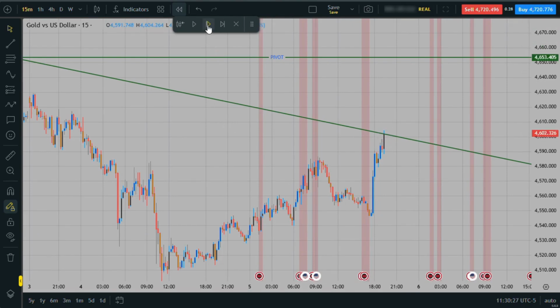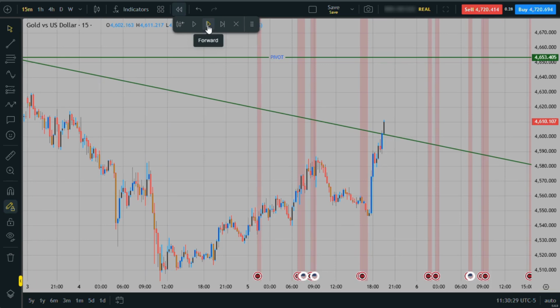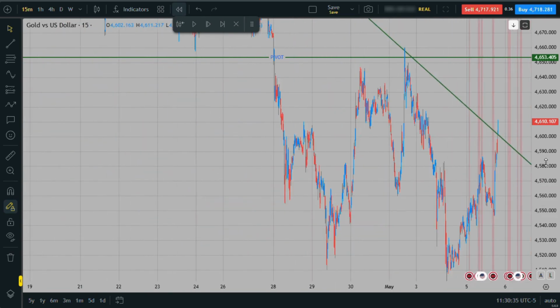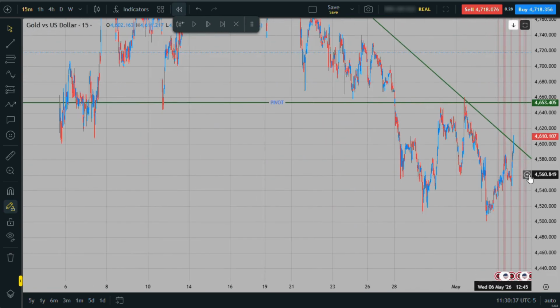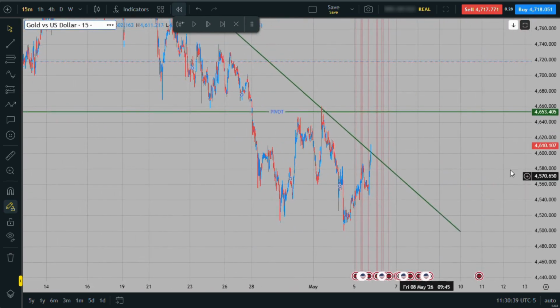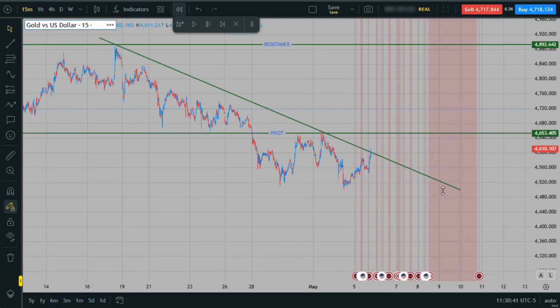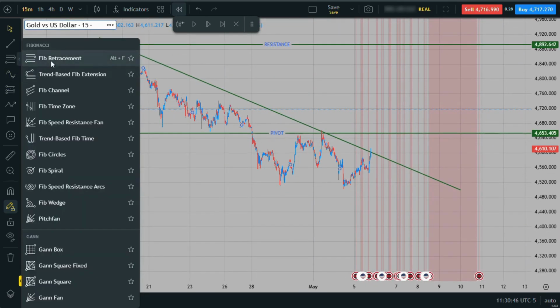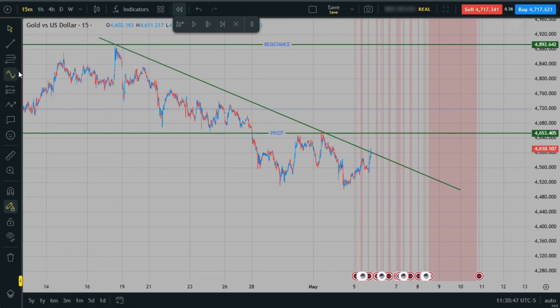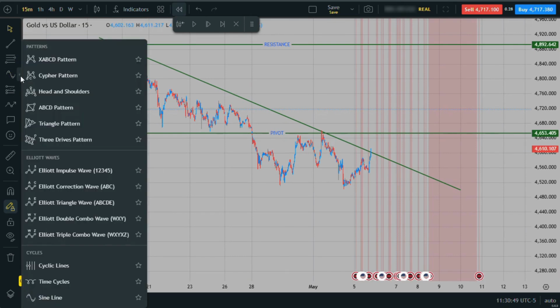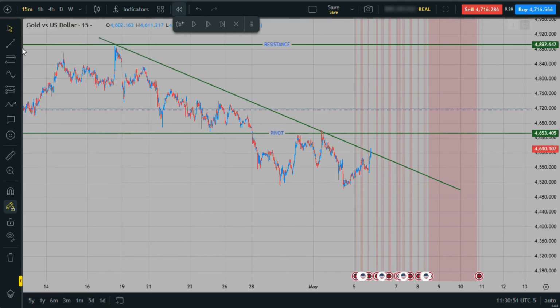So I still waited, and then I saw this and quickly took the buy there. I didn't wait for any other confirmation because already gold has been selling.